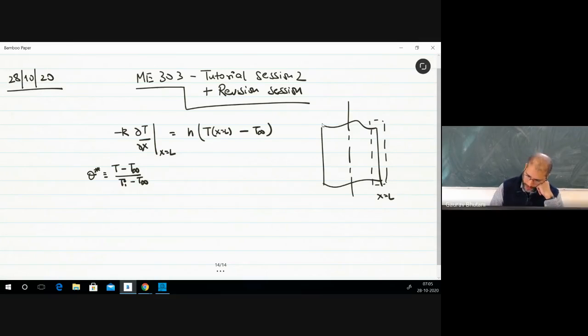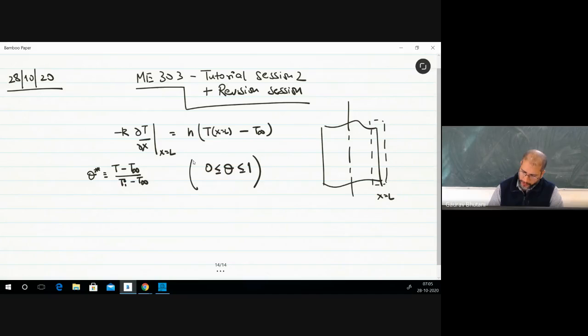So this allowed us to write, in this case, our theta varies between 0 and 1.